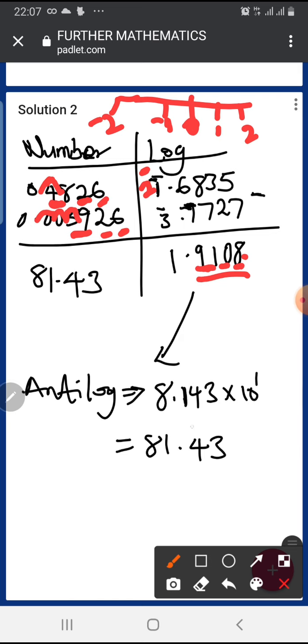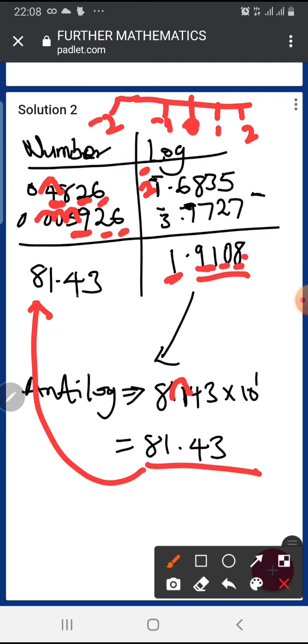And that will give you 8.143 multiplied by 10 raised to power the characteristic 1. So you move your point once to the right, and then that will give you 81.43. That you transfer here as your answer. It's as easy as eating banana.